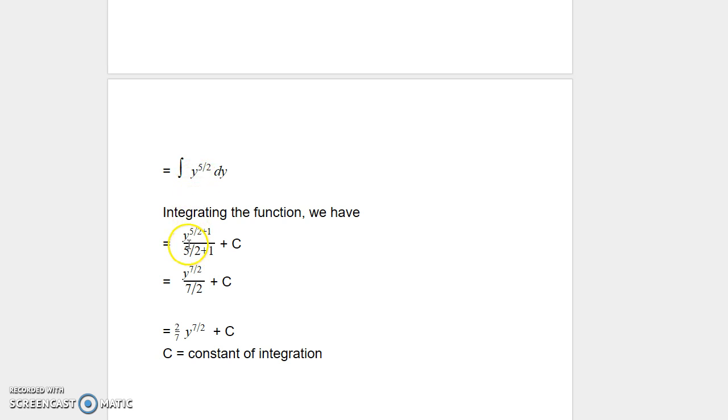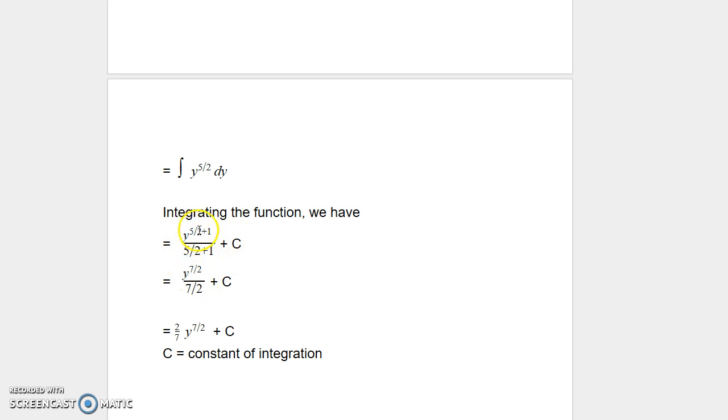So we can write this as y to the power of 5 over 2 plus 1, divided by 5 over 2 plus 1, plus c, the constant of integration. Whenever we integrate something, we're going to add a constant of integration like that. In here, we are using the letter c.